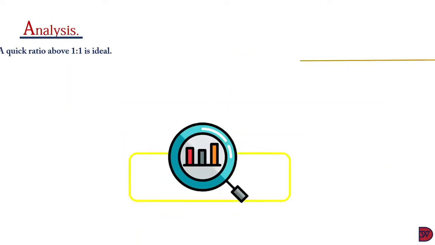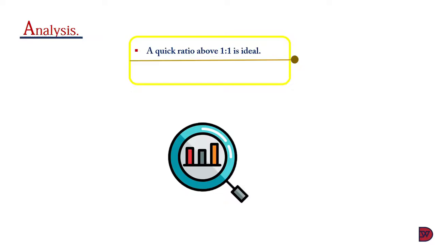Analyzing the quick ratio, you are supposed to get above 1.1, meaning you have more liquid assets to settle your liabilities. Anything of 1.1 and below is risky and unhealthy. It means that you don't have enough liquid assets to settle your short-term liabilities, and there's a tendency that your suppliers will call off their credit facilities to you, or investors will be pushed away.